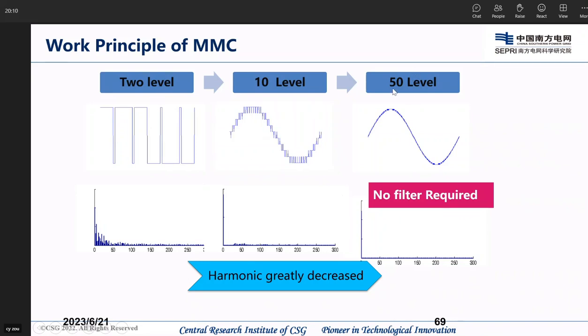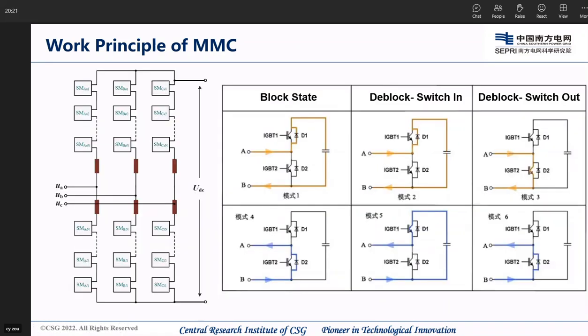When using 50 levels, the voltage is almost a perfect sine wave, so we don't need any AC filters. For submodules with half-bridge topology, there are 3 different working states. The half-bridge means we are using 2 IGBTs connected in series, and then the IGBTs are connected in parallel with a capacitor.